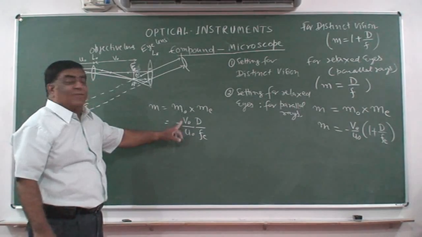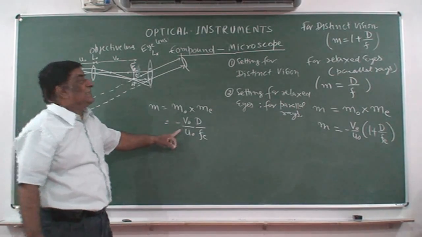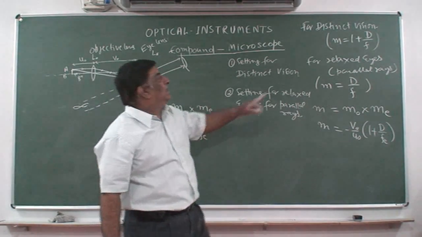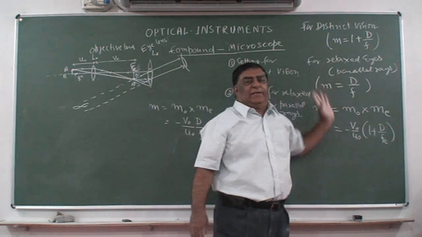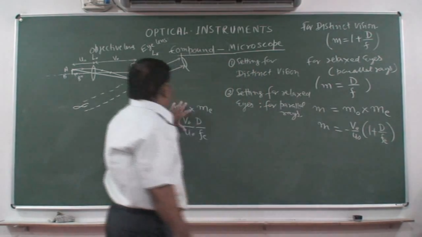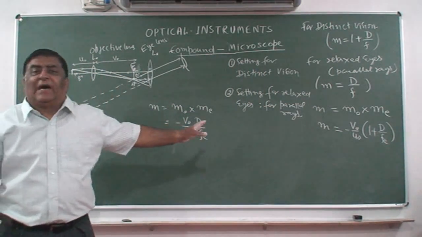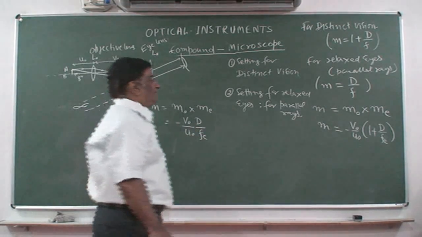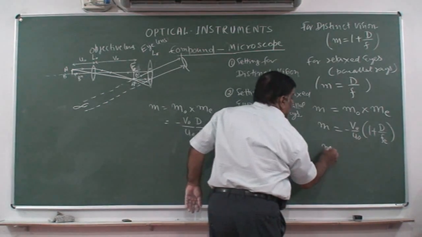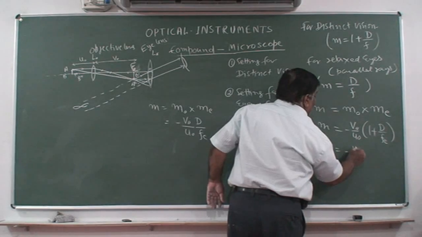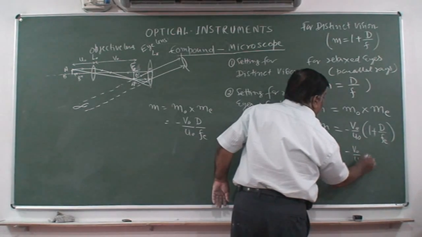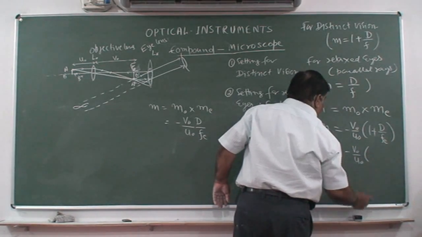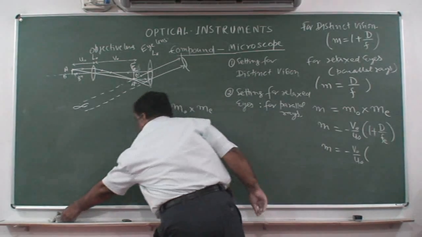So this is our formula for relaxed eyes. This is slightly less because this one is not there. So the magnification will be less, but the eyes will be relaxed. So this is M equals minus V naught upon U naught. This is D upon F.